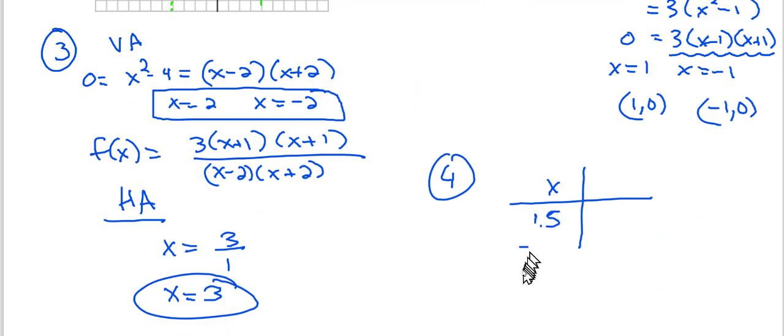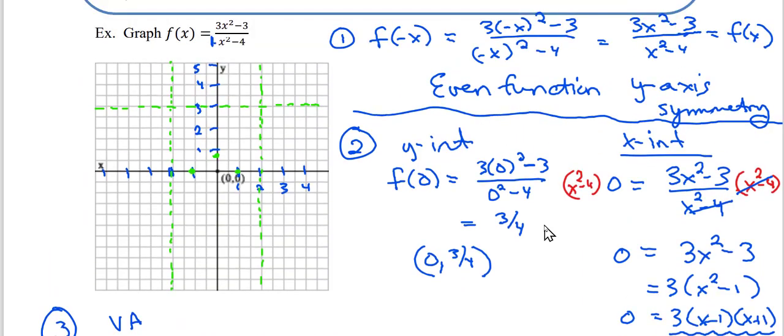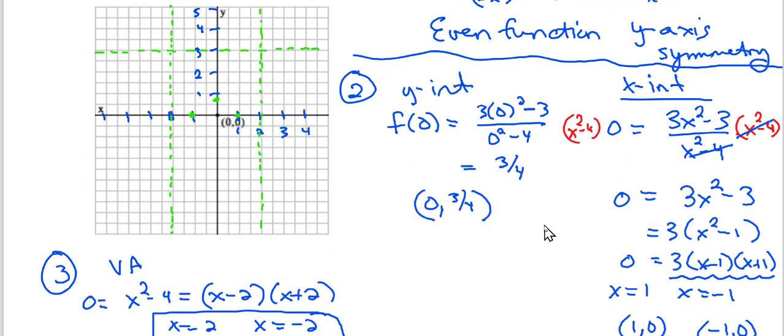Actually, I don't need to do negative 1.5 because I have symmetry. Once I have 1.5, I know that negative 1.5 gives me the same result because of the symmetry over the y-axis.